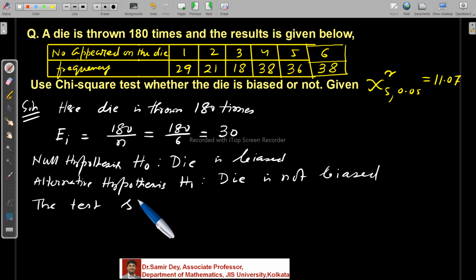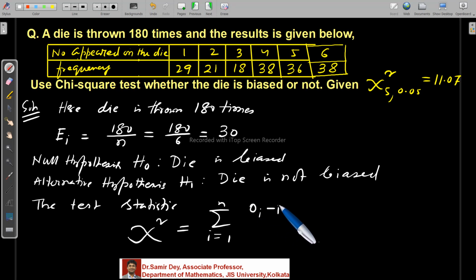Test statistic. What is that? Chi square is equal to summation i equals 1 to n of OI minus EI whole square by EI. What is EI? Expected frequency. What is OI?